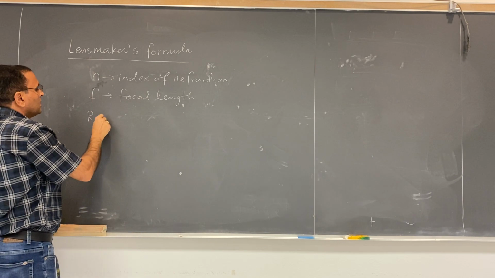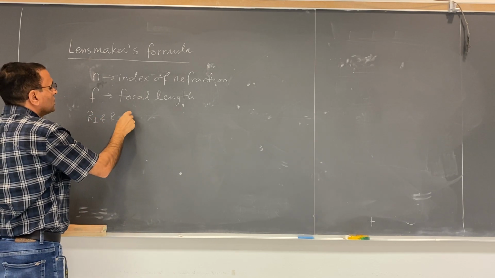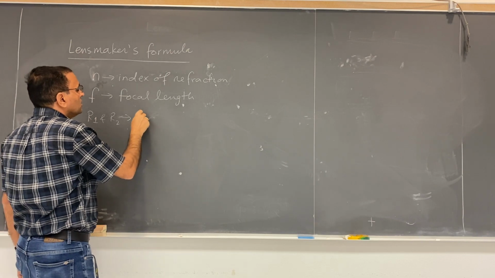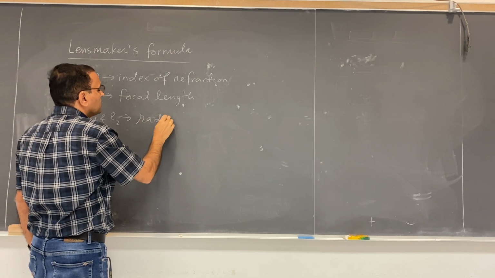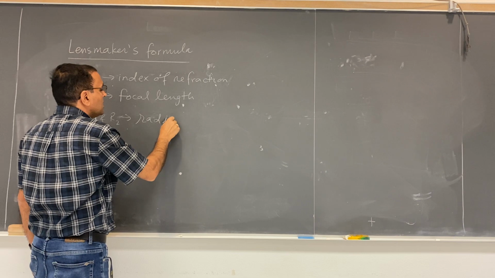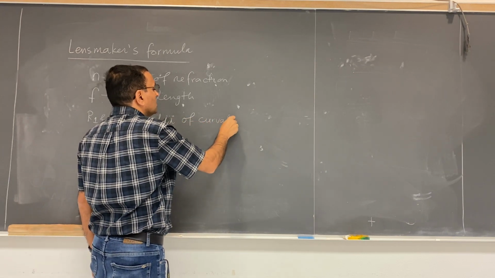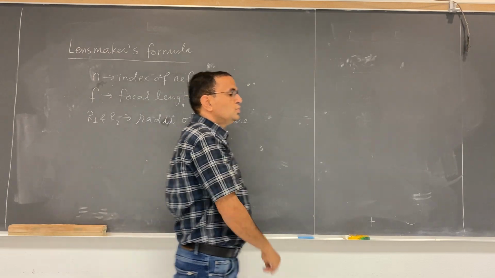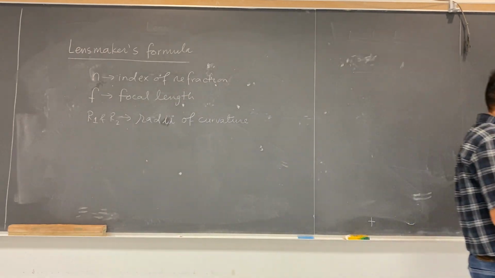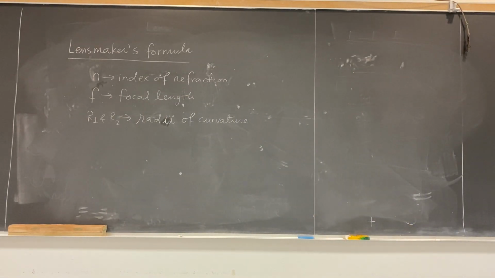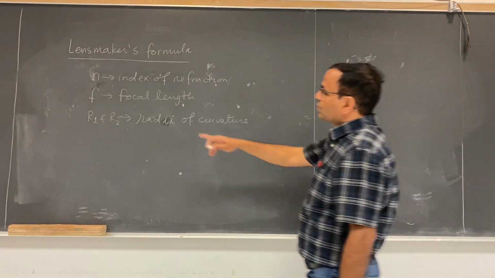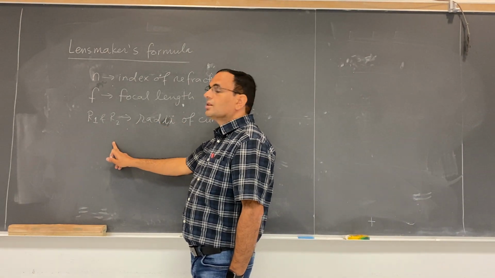R1 and R2 are the radii of curvature of the lens.